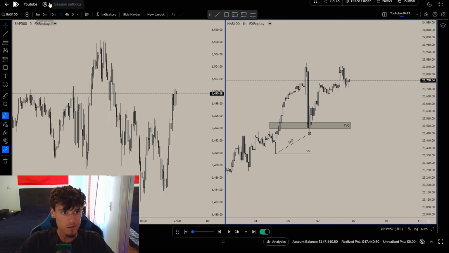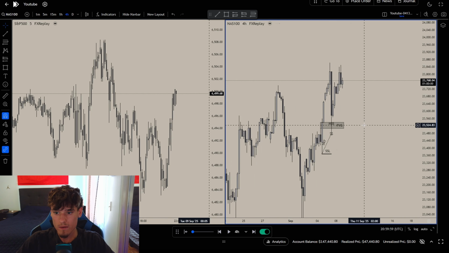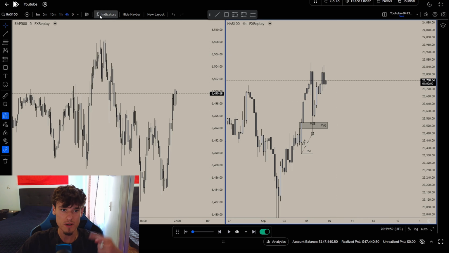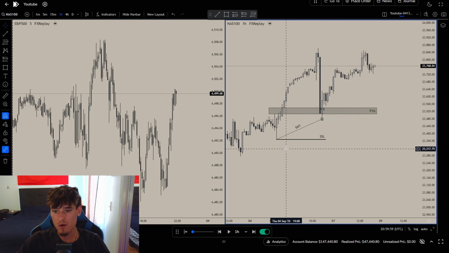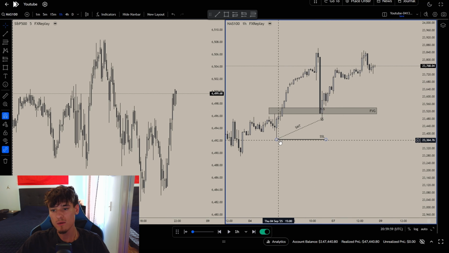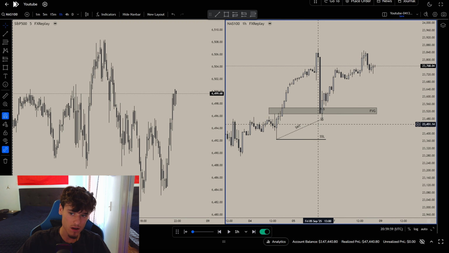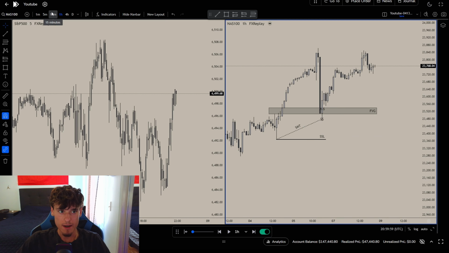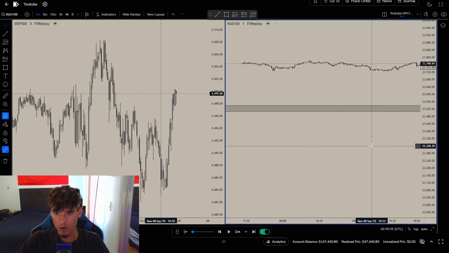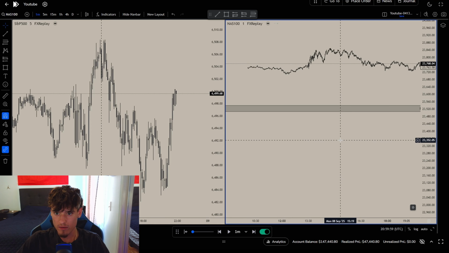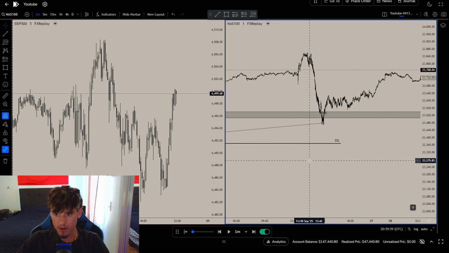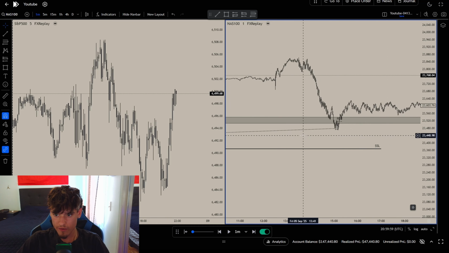It's very simple. So come to the 4 hour, we have that fair value gap. That's one reason for rejection. Come to the 1 hour, we have the SMT, we have the sell side liquidity. That's another reason for rejection. Now we come to the 1 minute. Well, on the 1 minute, what do we have? Let's go back a bit. 1 minute, we had a reason for an entry.